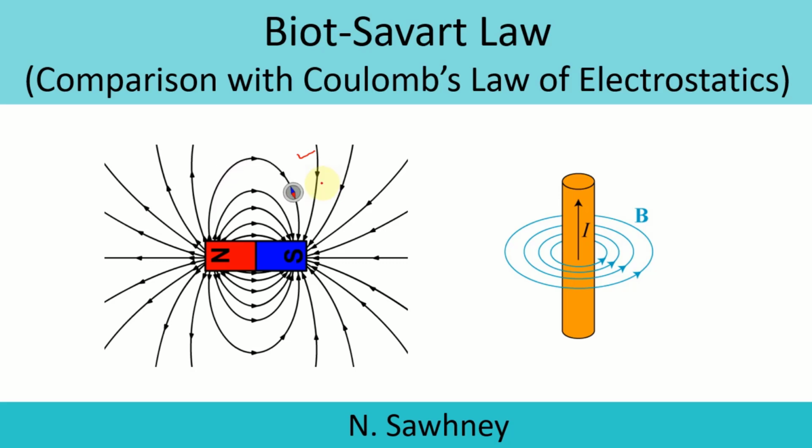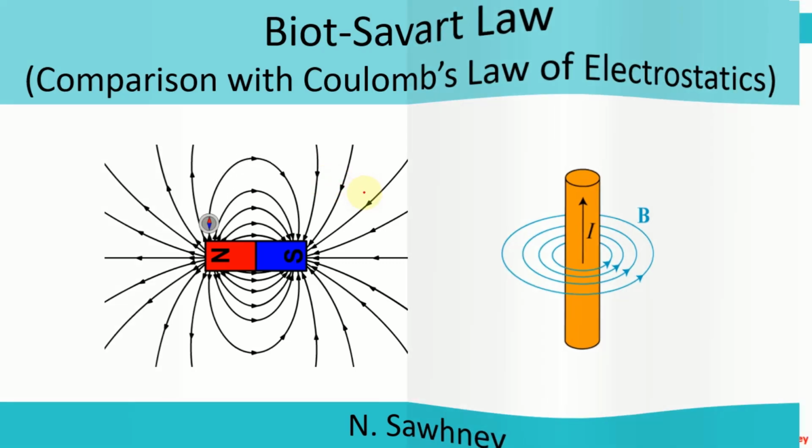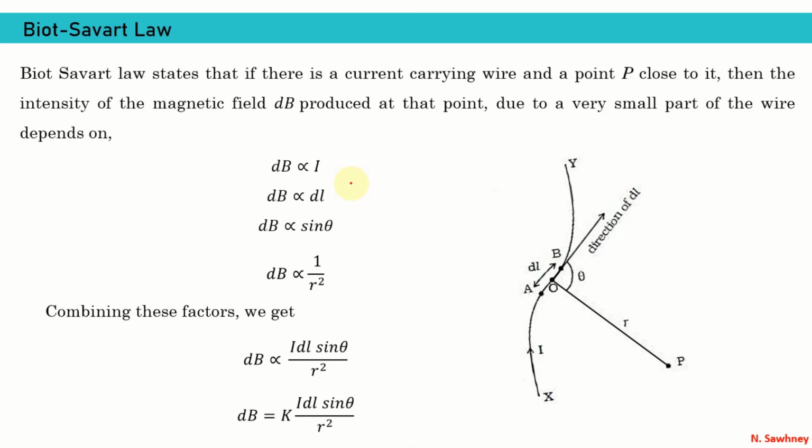Let us study this law in detail. It states that if there is a current carrying wire and a point P close to it, then the intensity of the magnetic field produced at that point due to a very small part of the wire depends on various factors.